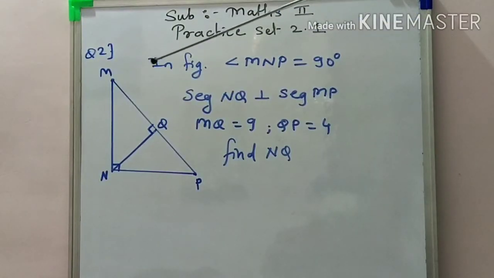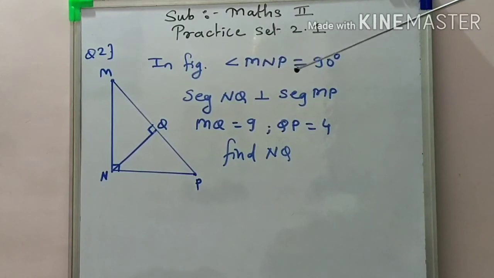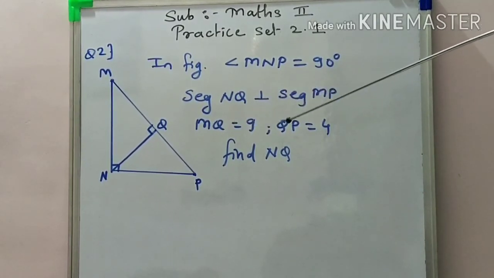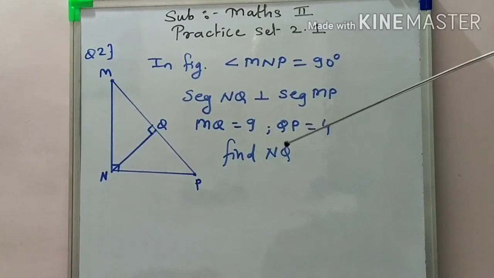In the second example, in a figure it is given that angle MNP is equal to 90 degrees. Segment NQ is given as perpendicular to segment MP. If MQ is 9 and QP is 4, find NQ.